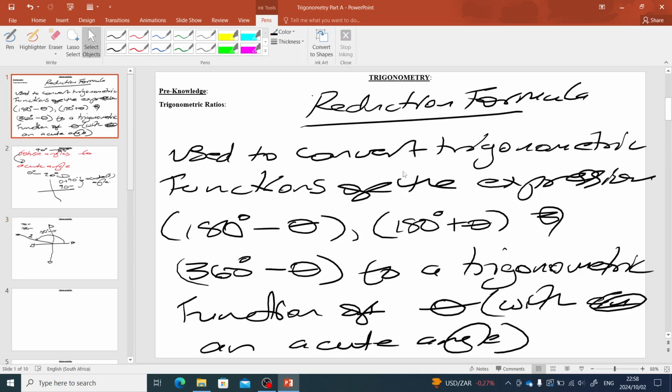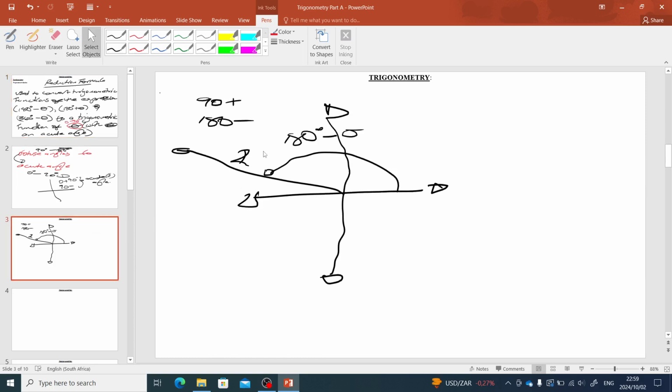We said we used to convert trigonometric functions of the expression 180 minus, 180 plus, and 360 minus to a trigonometrical function of this theta, with theta an acute angle, meaning this theta being from 0 to 90 degrees. Now, on your second quad, this is exactly what we have here.